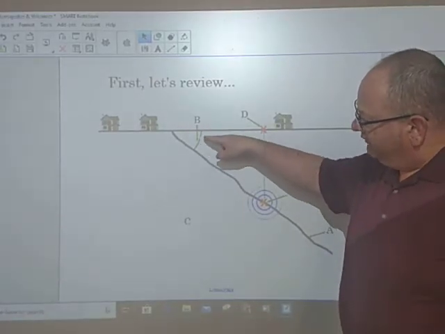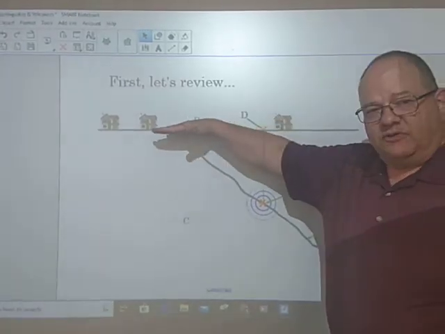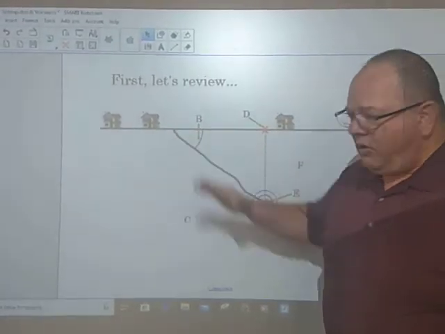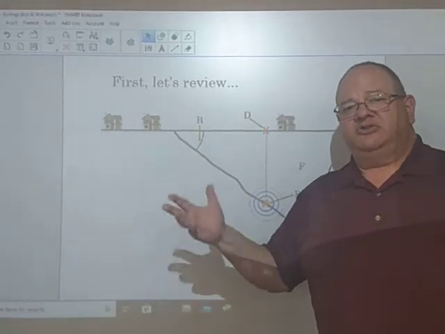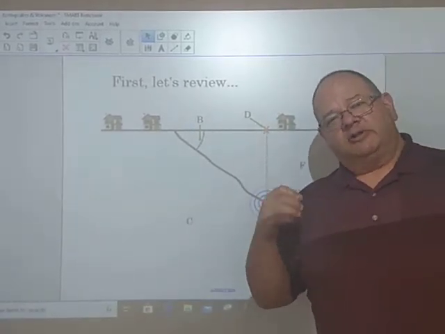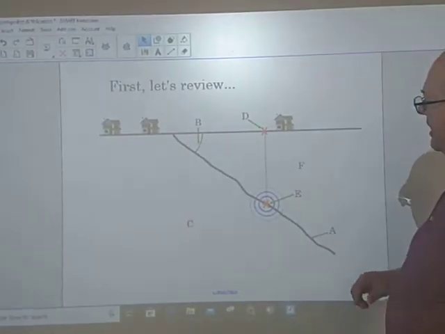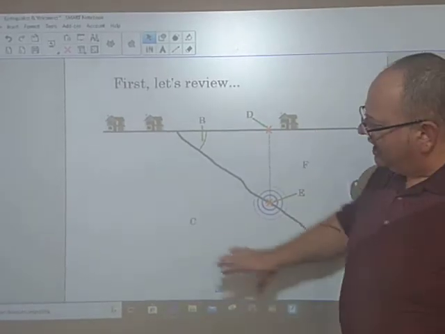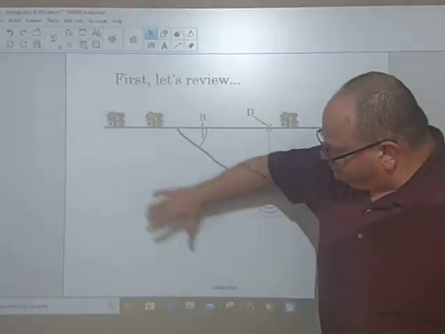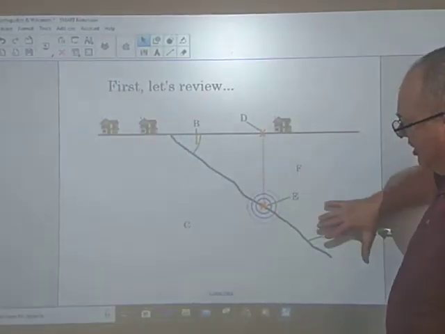What are some other things here? B is referring to the angle between the horizontal surface and that crack in the ground. And that angle has a really fun scientific name. It's called a dip, or the dip. And so that leaves us with C and F. C and F are referring to just this big mass of earth and rock here and here.